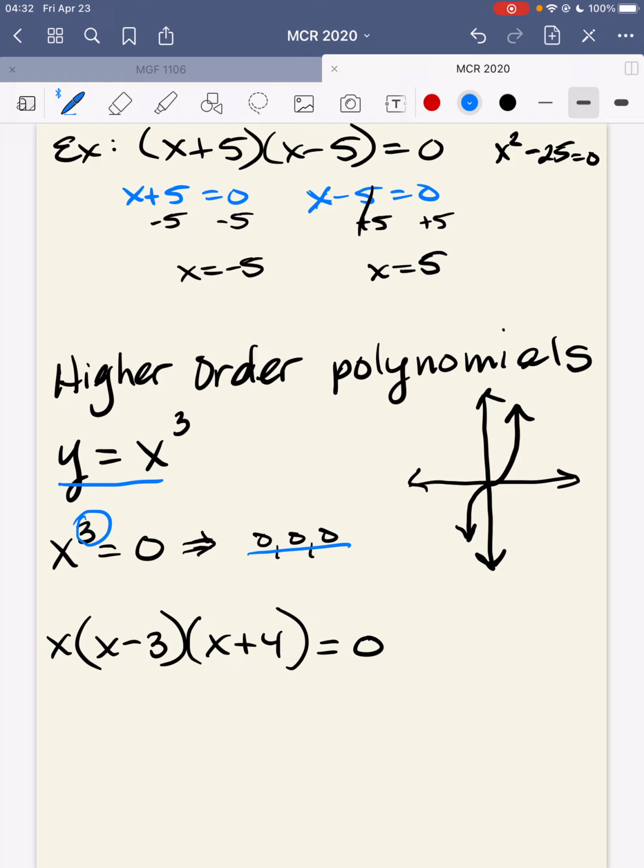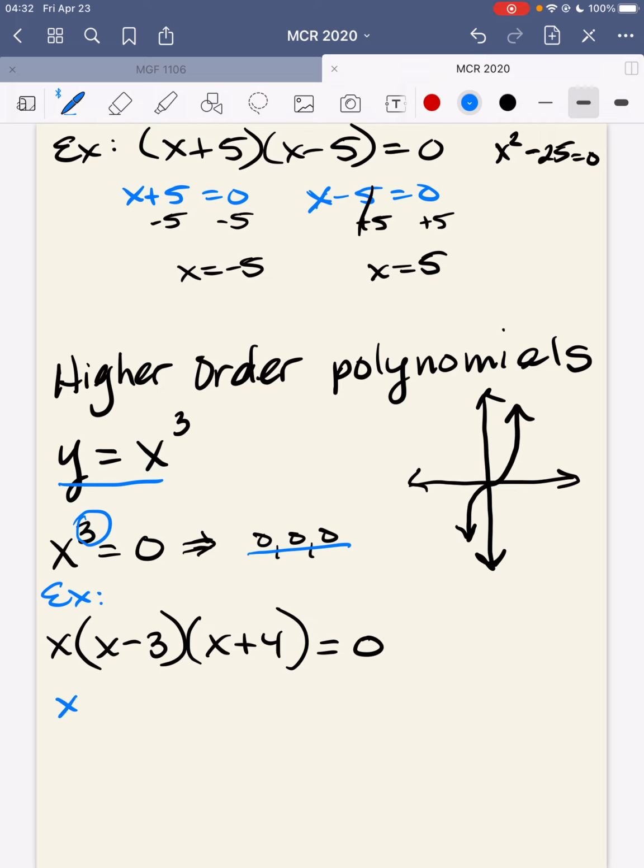All right. What we're interested in is if I give you something that looks like the last example here. And I have 3 different pieces. This is a cubic that's factored. I'm not expecting you to be able to get it into this form. I just want you to set each piece equal to 0.